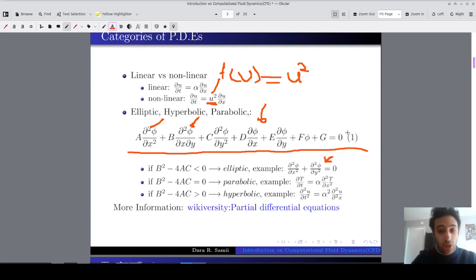If we plug it in equation 1, we will see that 0 minus 4 times alpha times 0, we can replace y with t, is 0. So we will call this equation parabolic. For more information, there's a very good blog on this topic, and you can check it out.